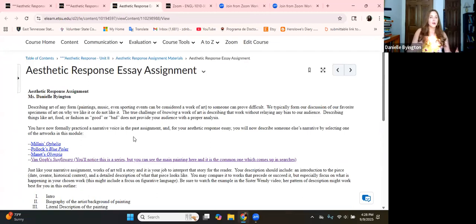Overall, the biggest part of this idea is that you're going to choose one of these four paintings that I have here. When you click on it, you can see what it looks like, but you probably also want to read a little bit about it before you commit to it in case you pick it because you're like, okay, this looks interesting. And then you start learning about it and you're like, I am not down with this.